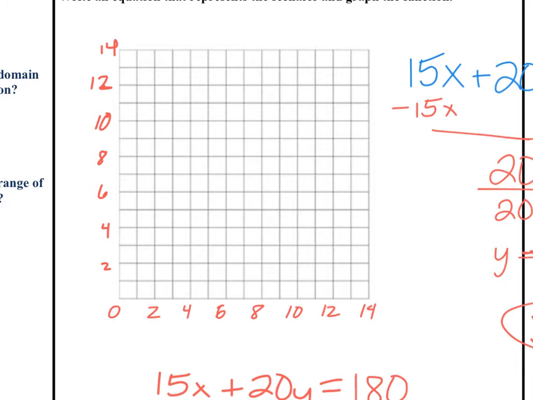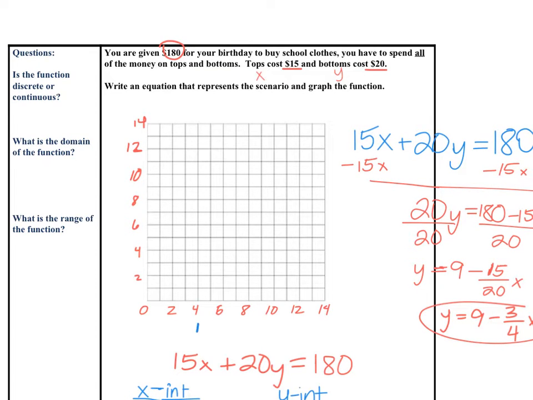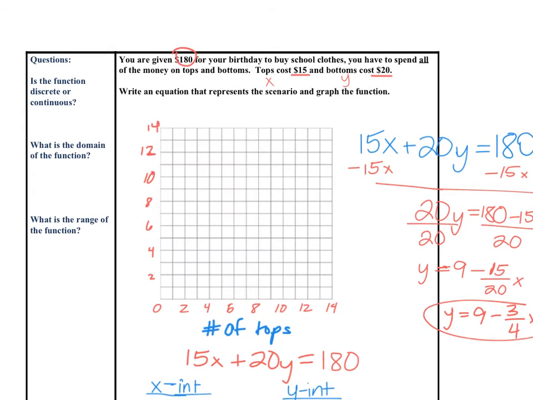And we know that x is the tops. So down here we got number of tops. And on the y-axis we have number of bottoms. Let's go ahead and give it a title. We're buying clothes. That works as a title.